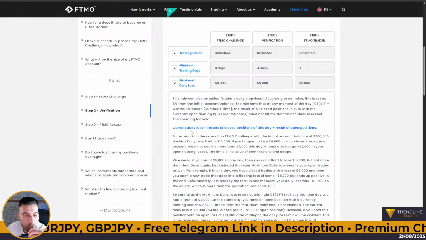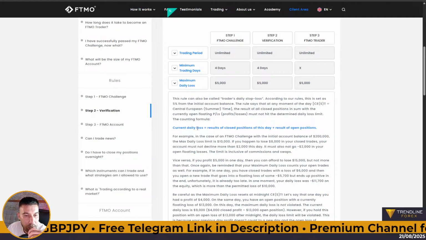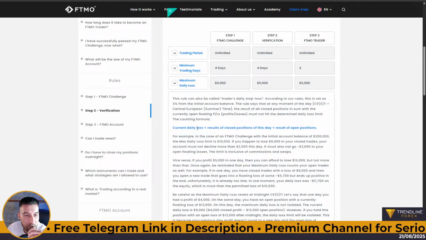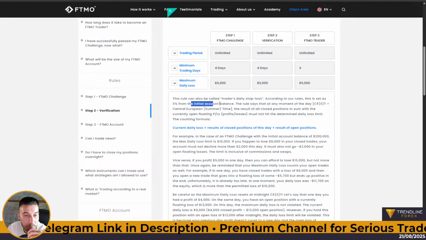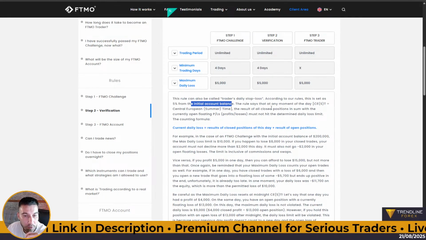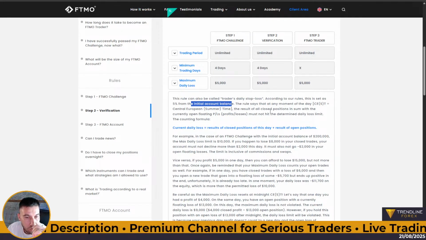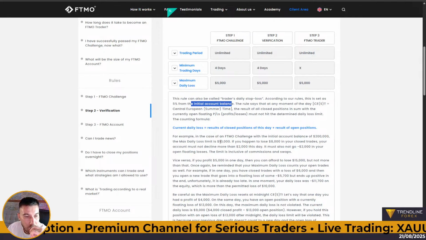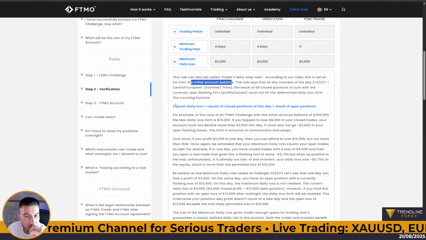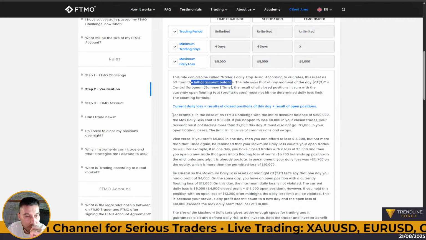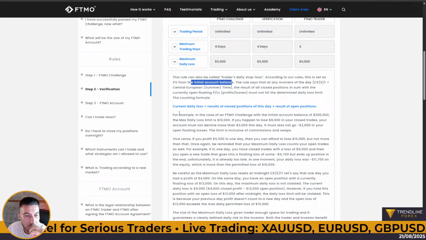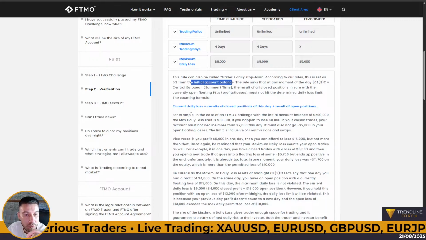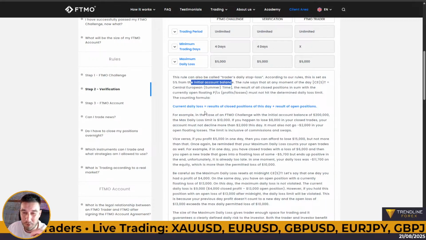That's it. So this rule can also be called the trader's daily stop loss. According to our rules, this is set as 5% from the initial account balance. The rule says that at any moment of the day, the result of all closed positions in some. Okay, so the counting formula: current daily loss equals results of closed positions of this day plus results of open positions.